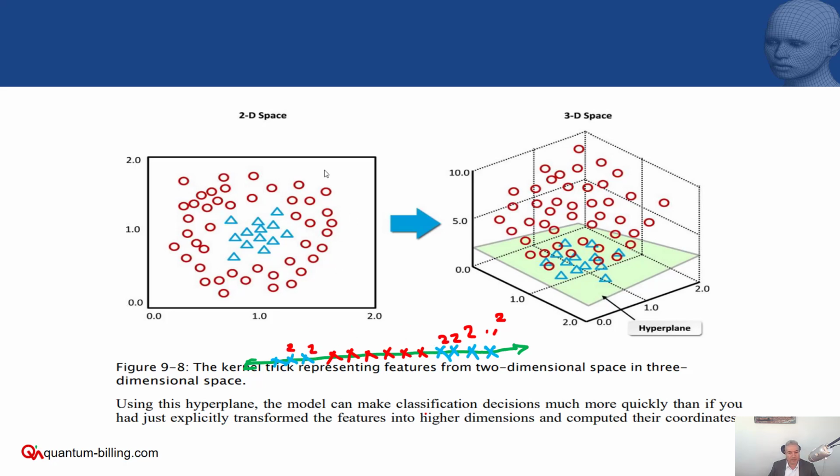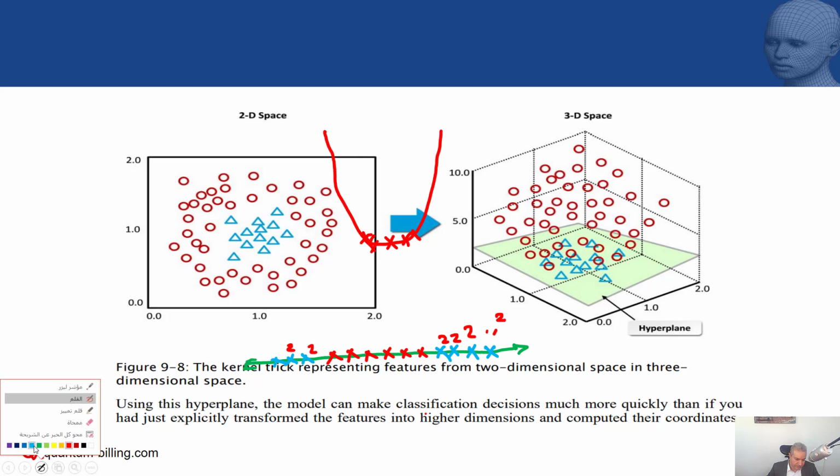If you square them, that line is transformed into a parabola like that, and you are going to have your red points here and the blue points here.